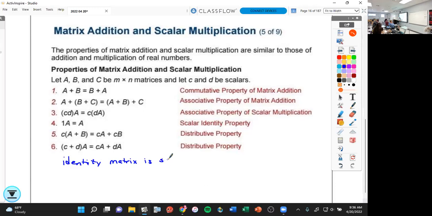It's going to be a square matrix always. Okay, so the 1 by 1 identity matrix looks like this. The 2 by 2 identity matrix looks like this. The 3 by 3 identity matrix looks like this.